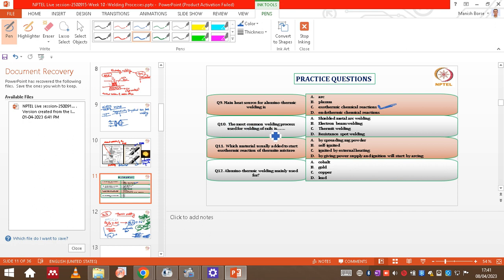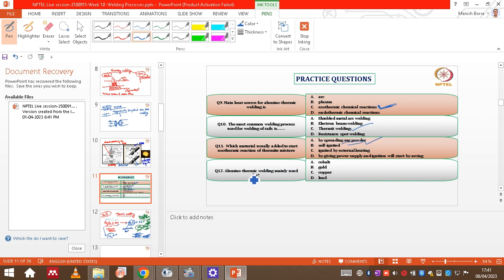So the most common welding process used for welding the rails is thermit. And which material is usually added to start the exothermic thermit mixture? In most cases, it is the spreading of magnesium powder.